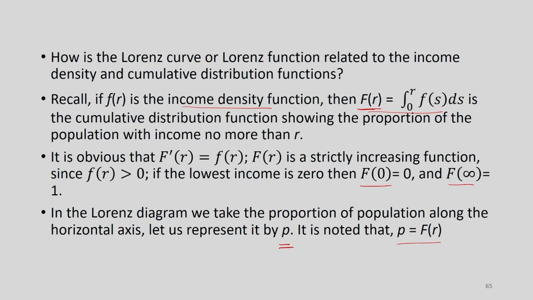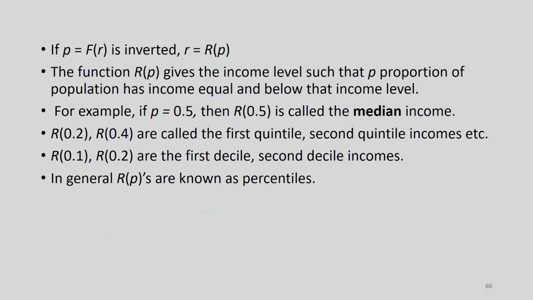Remember, this is the proportion of the total population who have income less than small r. So, I can write small p is equal to capital F of r, because small p is the proportion. Now, if it is inverted, p is equal to F(r) inverted, I get r is equal to a function of p. Let us write that as capital R(p).